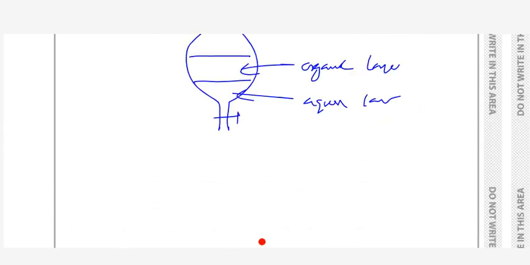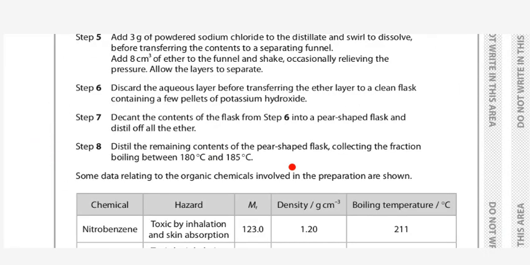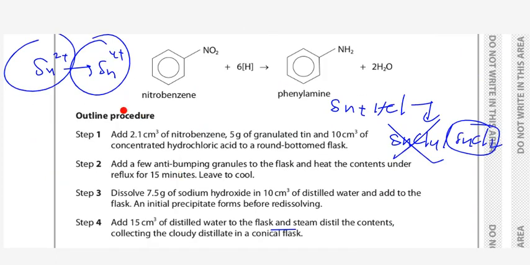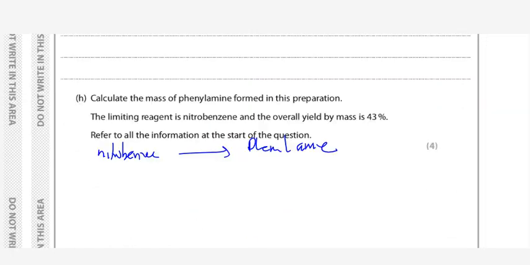Is the mass or density of nitrobenzene given here? Yes, 2.1 cm cube of nitrobenzene.